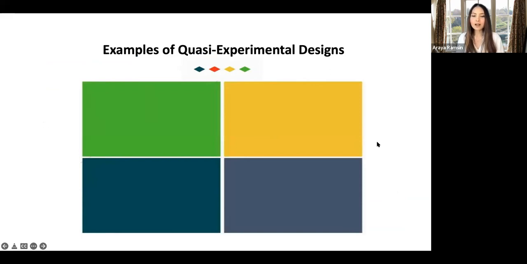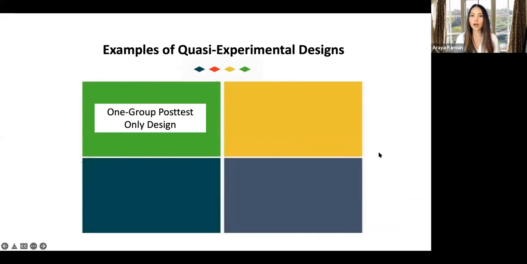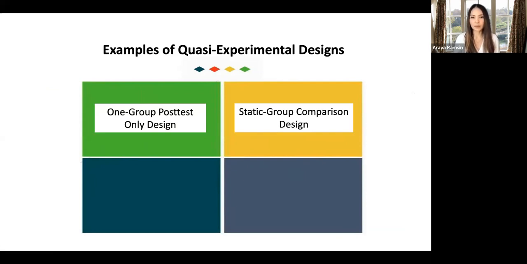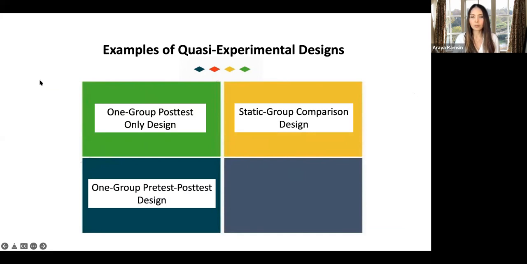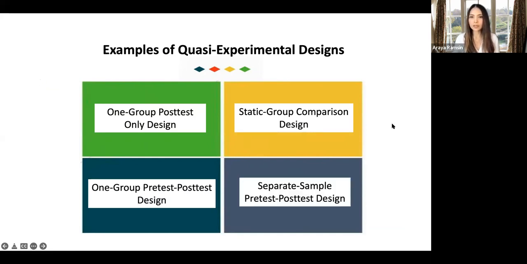Now let's take a look at some examples of quasi-experimental designs. I'm going to show you four types of them. The first one is called one group post-test only design. The second one is called static group comparison design. The third one is group pre-test post-test design. And the last one, separate sample pre-test post-test design.